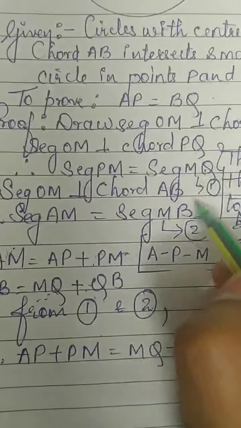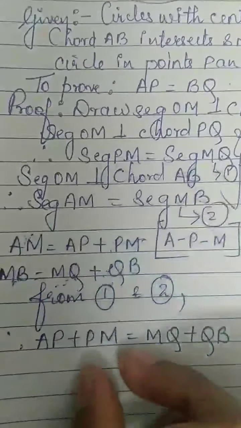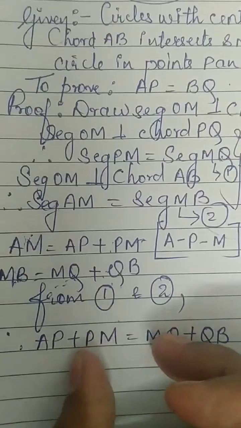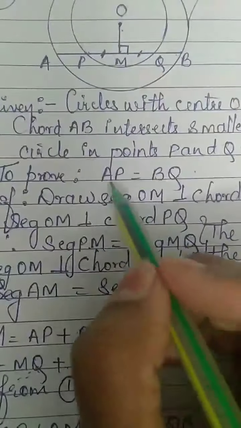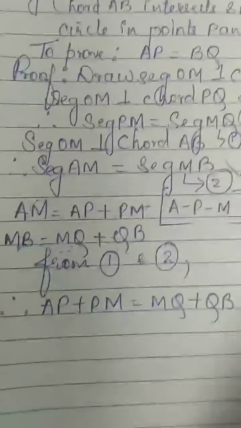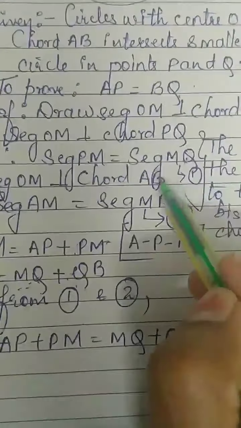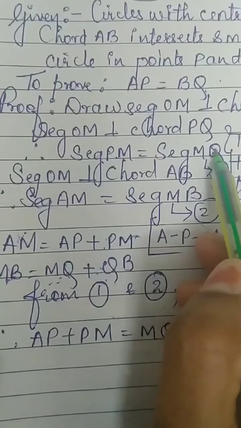Now from first point what you got? PM is equal to MQ. PM and MQ are congruent, so in place of one, any one you can write it as PM only. Just look at what you want as proof. What we want as proof? AP is equal to BQ. And we know that from the first property PM is equal to MQ.